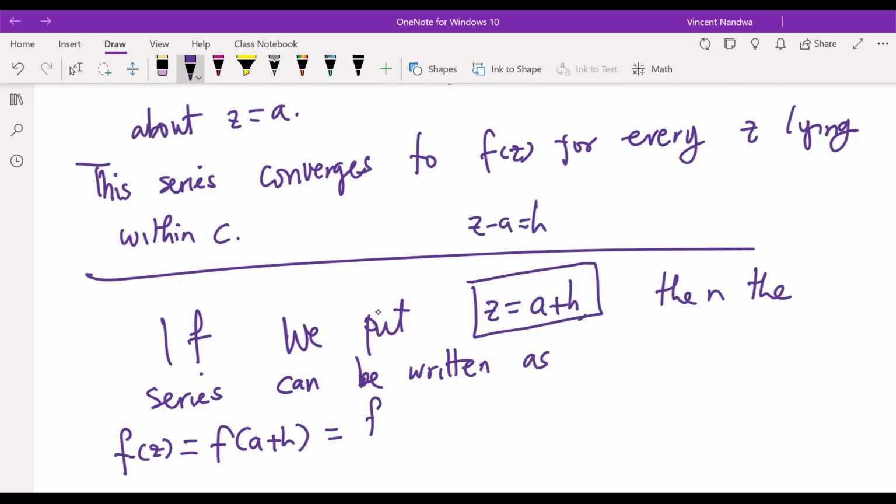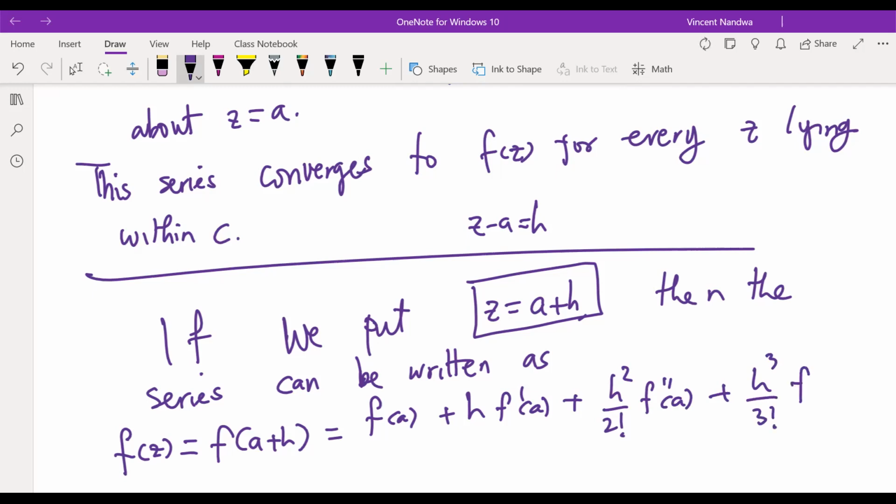So therefore, we'll have f of a plus, instead of writing z minus a, we write h times the first derivative at a plus h squared over 2 factorial times f double prime at a plus h cubed over 3 factorial, third derivative at a plus h power n over n factorial, nth derivative at a plus other several terms.